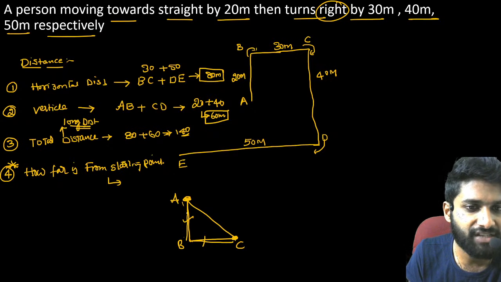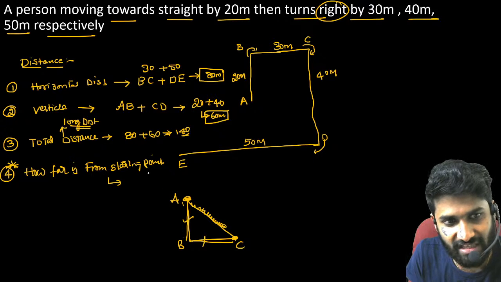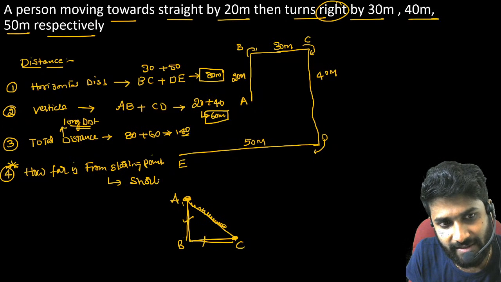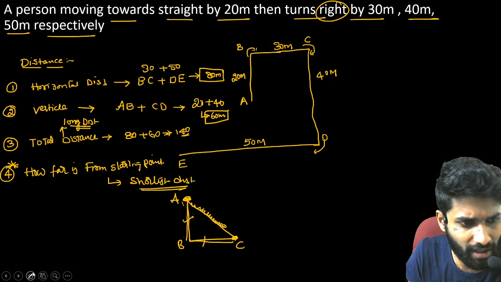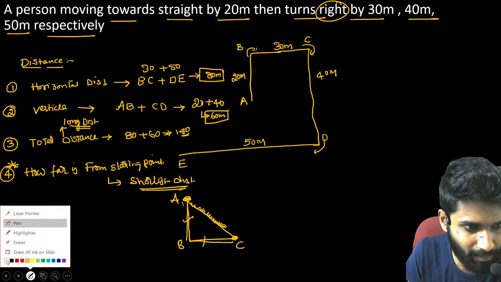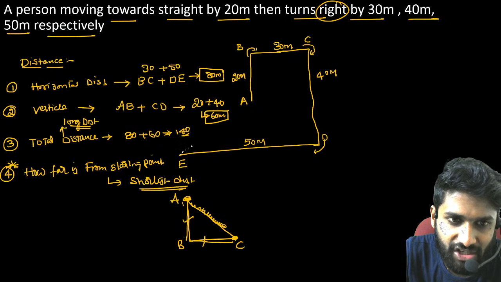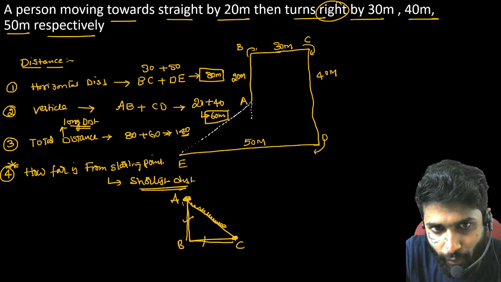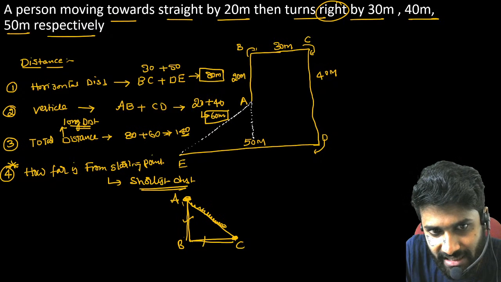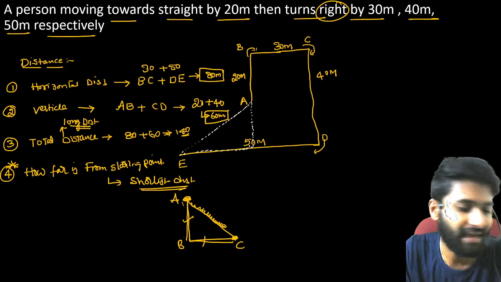But how far he is from the starting point? How far he is from the starting point deals with the shortest distance. Clear? There is a huge difference between the total distance and how far he is from the starting point. Keep in mind, if you want to calculate any shortest distance, you can use the Pythagoras theorem.